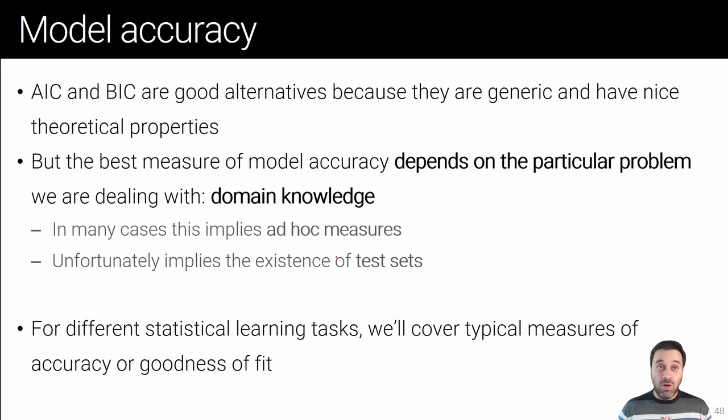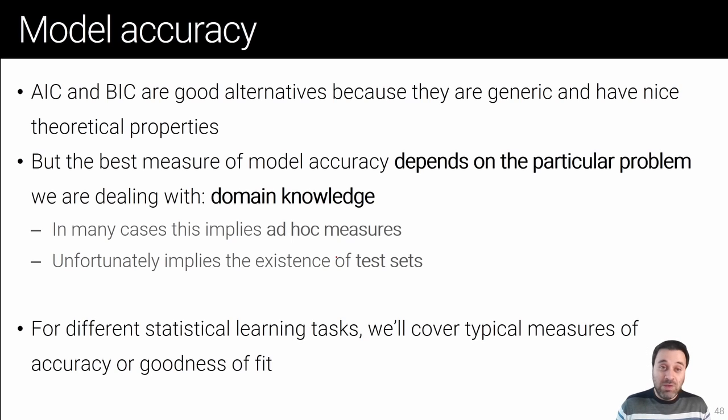It depends on our specific case. In many cases, this is going to imply the use of ad hoc measures. If we're building a model for whatever reality, it's very common to find that we are going to look into a very specific criterion to select whether a model is good or not, or to select between two models. And those measures are going to be completely ad hoc. We have to develop them on a case-by-case basis.